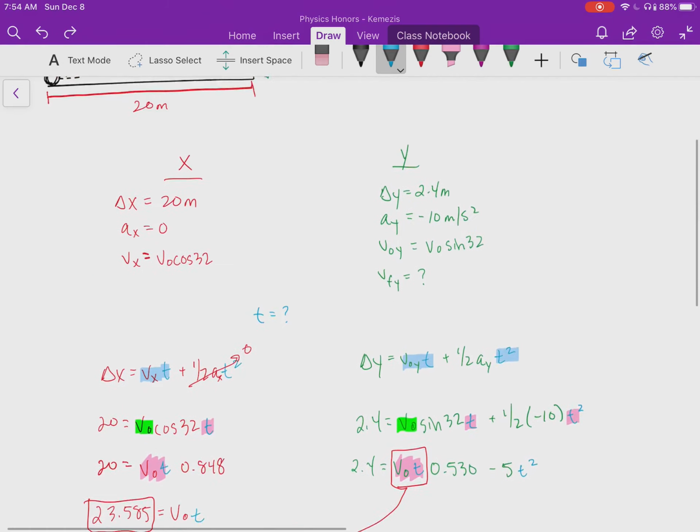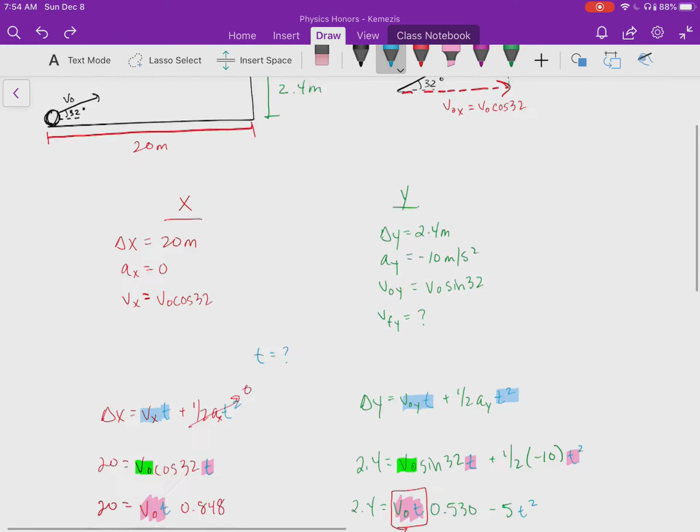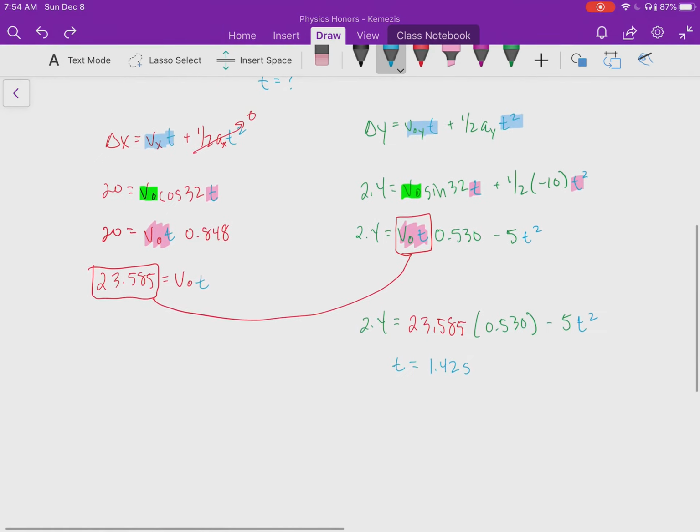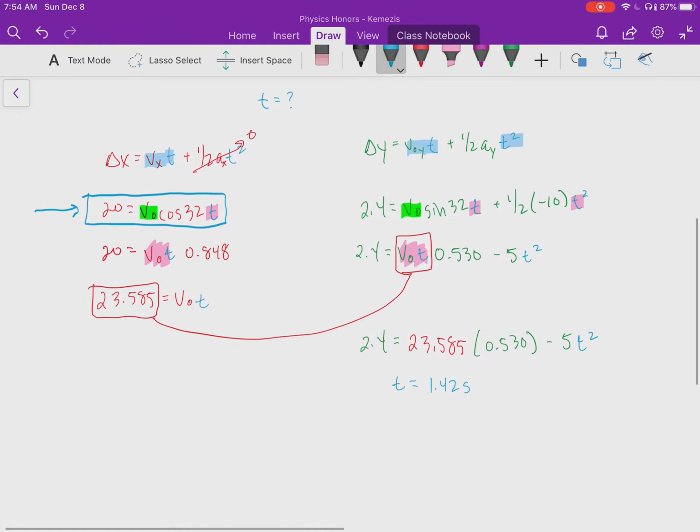And that's not the answer to the question, but it is the answer to how long this ball is in the air for. Now that we have this time, looking at one of the simpler equations, we can plug in for time here: 20 equals v naught cosine 32 times the time, and we can solve for v naught, which the question is asking for.